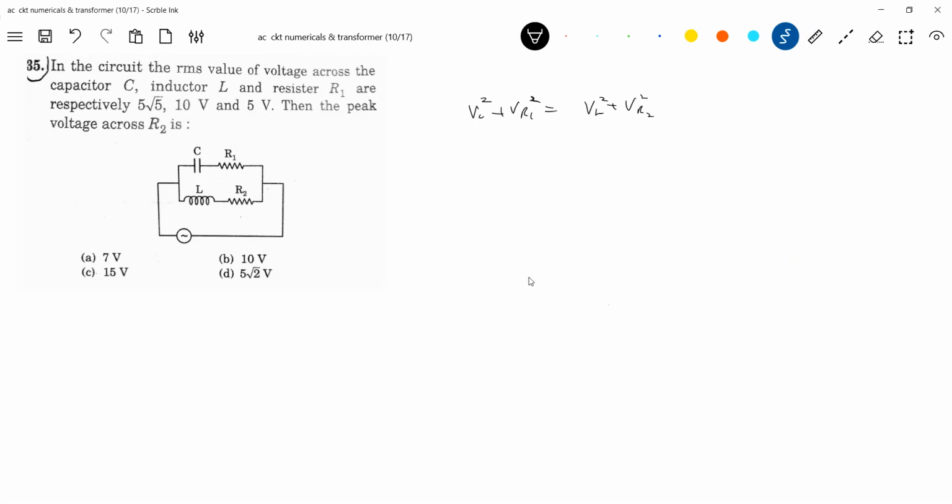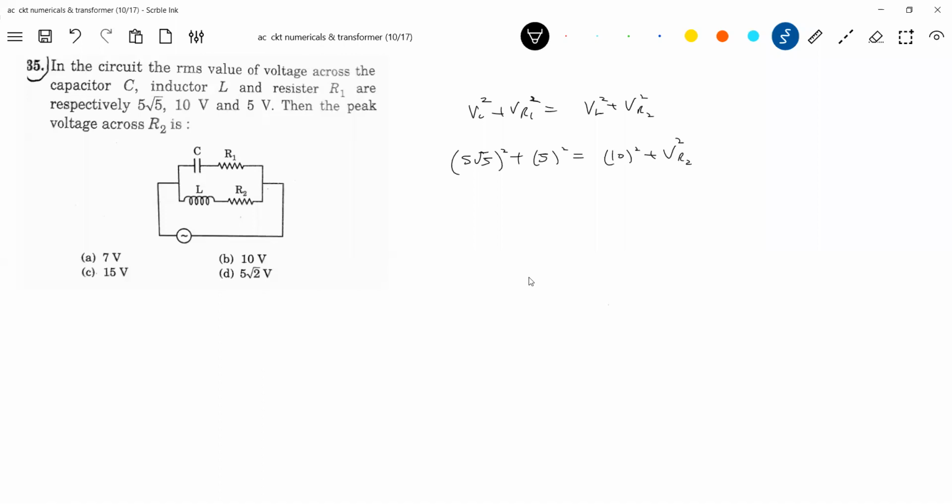We know VC. Inductor, VR1 is across the inductor. No need of any phasor diagram.